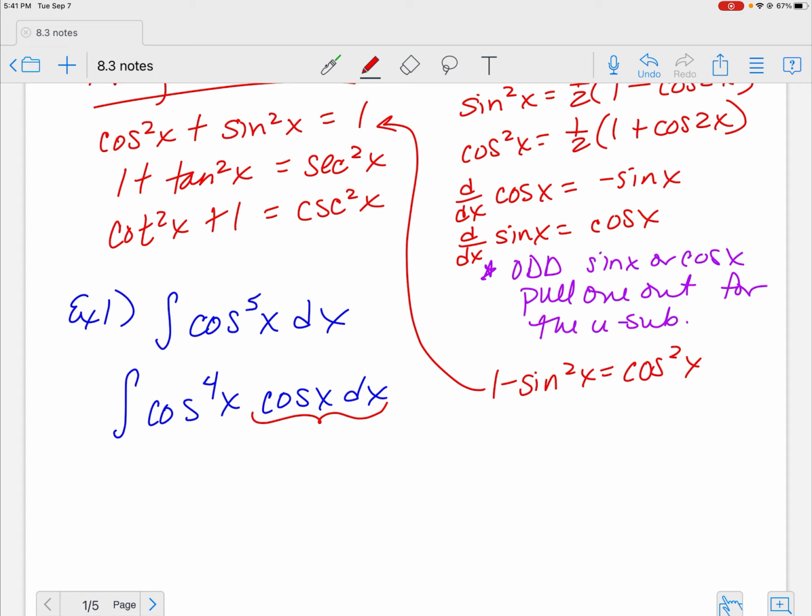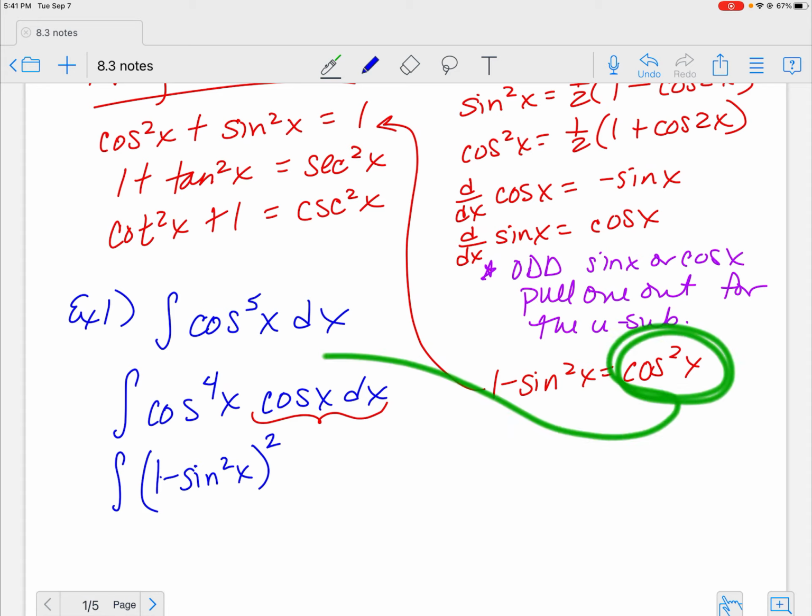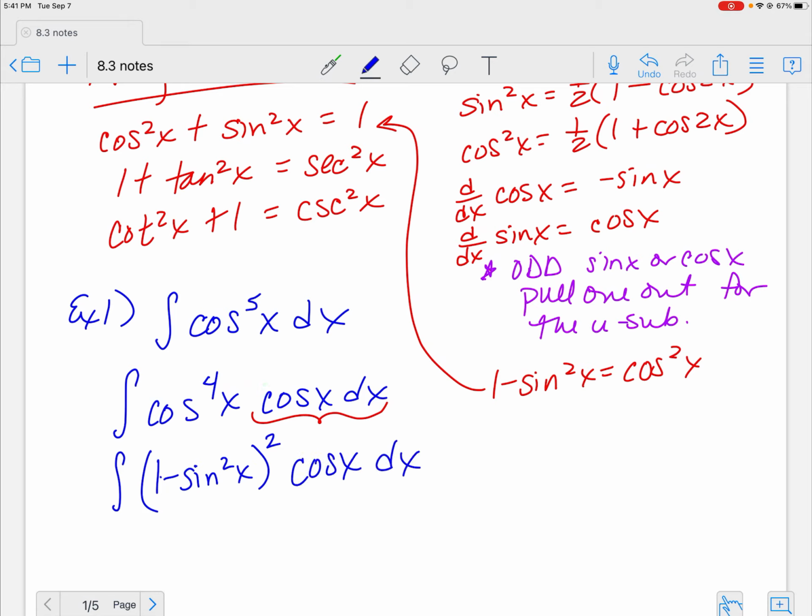That's just a manipulation, and then we can replace that. So now I end up with 1 minus sine squared x, all squared, because this is the same thing as cosine squared. Power to a power, you multiply. Then I've got cosine x dx.